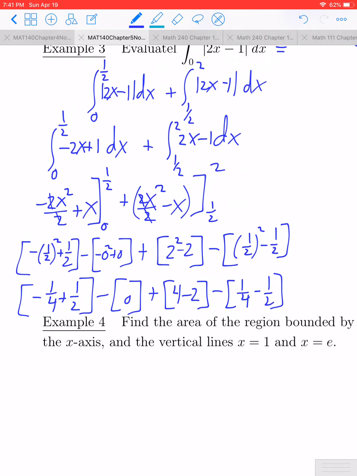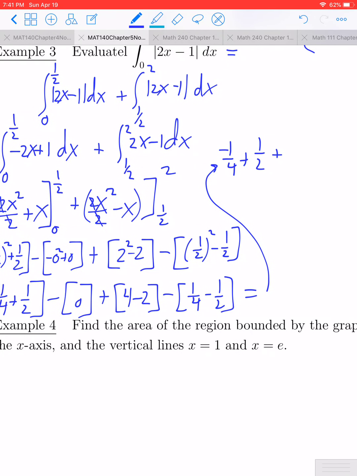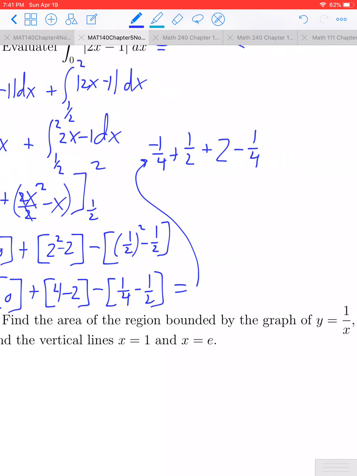Kind of running out of room here, but let's see what we have. If I just come up here, we have negative 1/4 plus a half plus 0, that's 0. 4 minus 2 is 2. This would be minus 1/4, and then the minus and the minus will become a plus half.